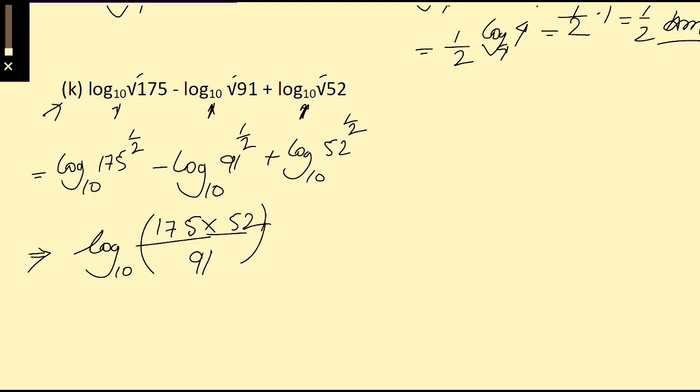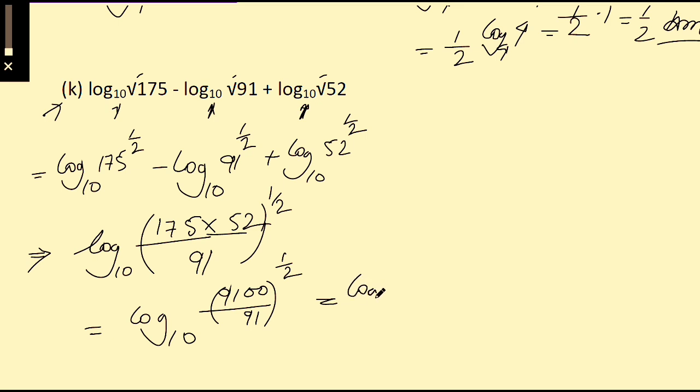Then we have also the power 1 over 2 on the argument. If we calculate 175 times 52, it will become 9100, and we also have 91 as denominator and power 1 over 2. If we divide 9100 by 91, it will become 100.